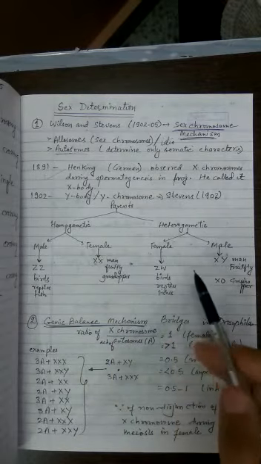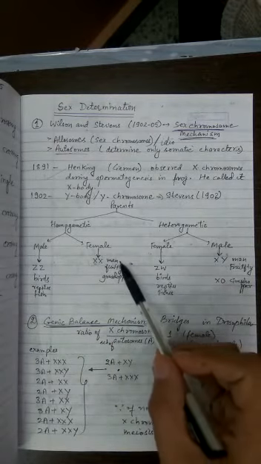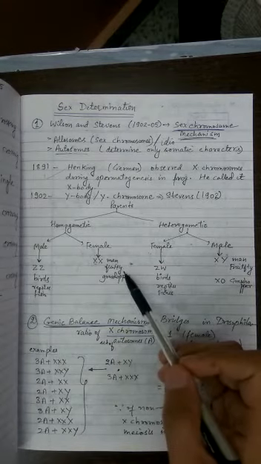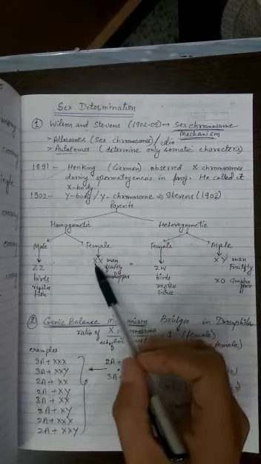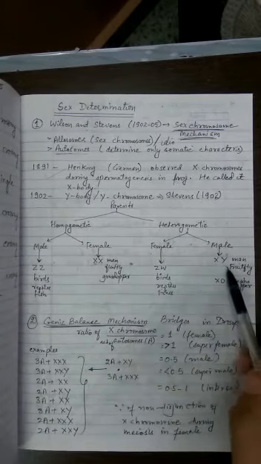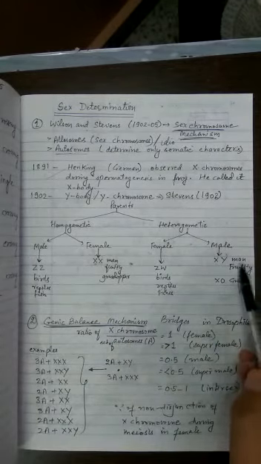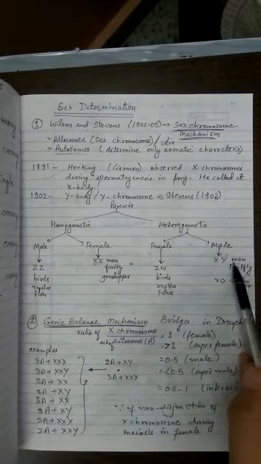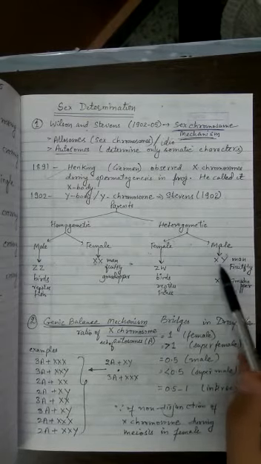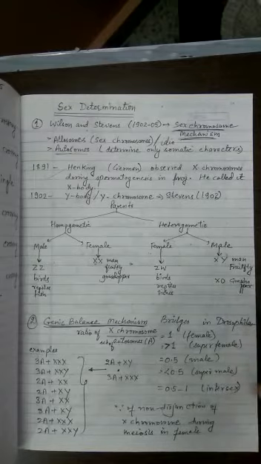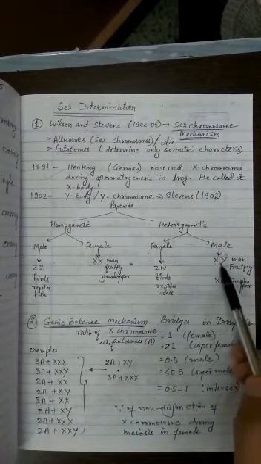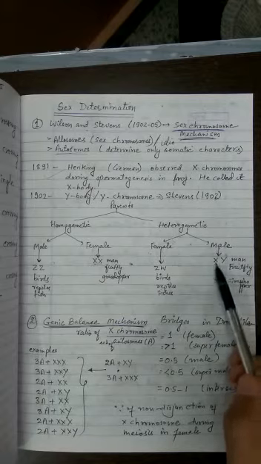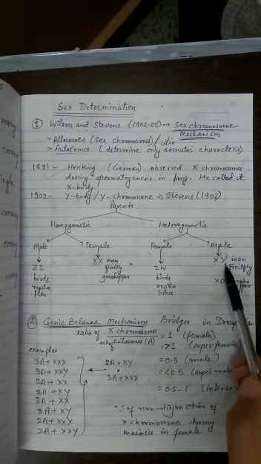Then we have the fruit fly, where females are XX and males are XY. Whether it is man or fruit fly, males will always be XY. So two types of gametes are possible here. Half of the gametes will carry X and half will carry Y.